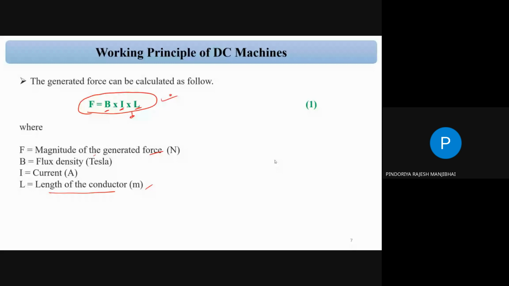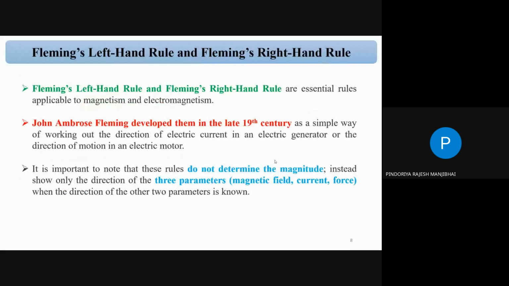Yes. Fleming left-hand rule and Fleming right-hand rule, we already discussed in the first class. So this is just a revision and reminder to you, maybe for somebody who missed the first unit. Any machine operates under the Fleming left-hand rule and right-hand rule. We use these rules because we have to identify the current direction, force direction, and flux direction.